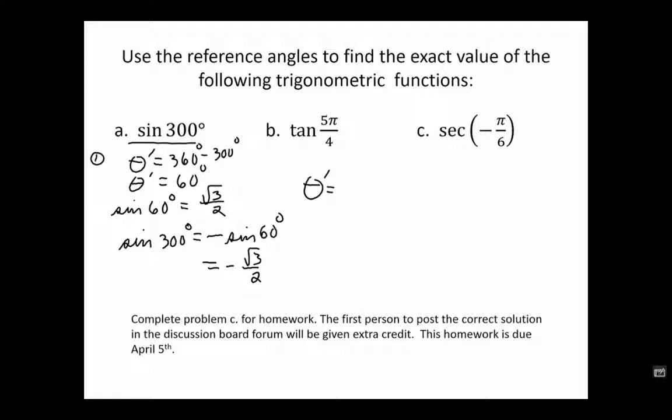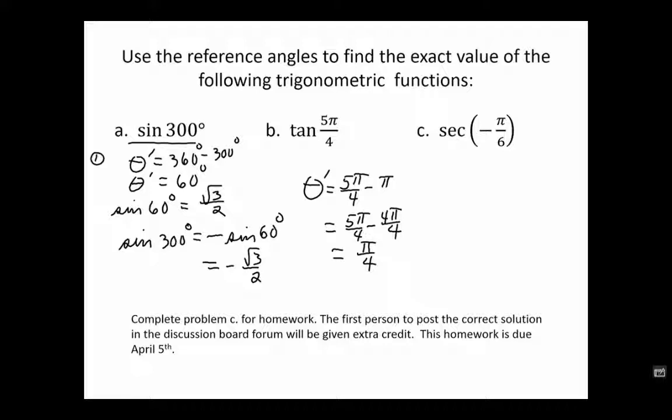So the reference angle would be 5 pi over 4 minus pi. So what do we have? 5 pi over 4 minus 4 pi over 4 is pi over 4.